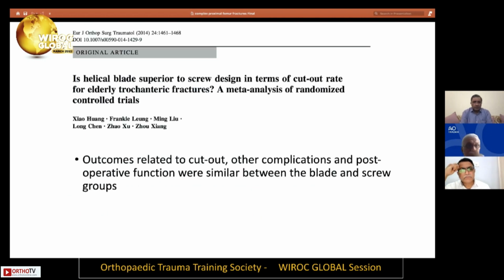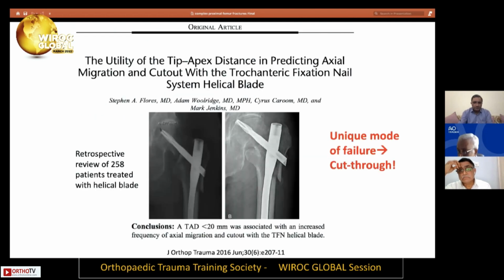But this study published in 2014 compared the outcome using either a lag screw or a helical blade, and they didn't find much of a difference as far as the cutout is concerned or other complications and postoperative function, whether we use a lag screw or a helical blade.